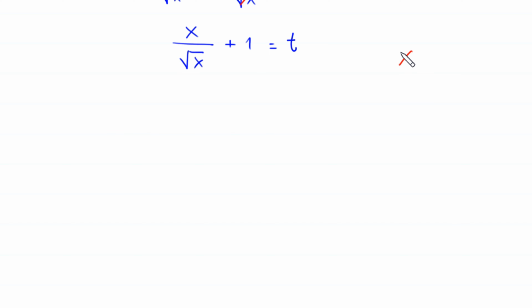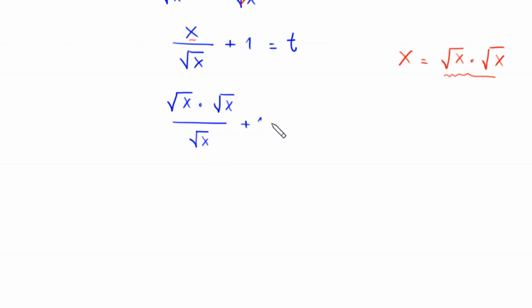Now x can be written as root x times root x. So we replace this x with root x times root x. So this will become root x times root x divided by root x plus 1 is equal to t.